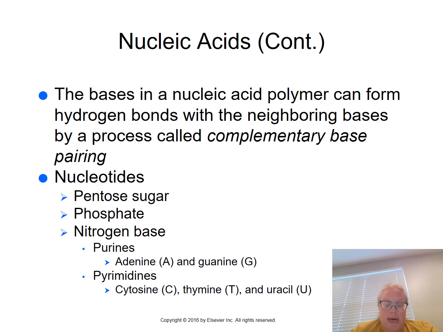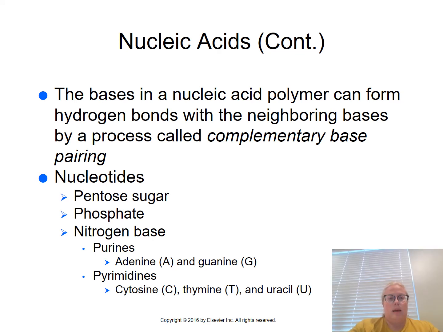You have purines with adenine and guanine that have a distinctive 2-ring structure, and then you have pyrimidines with cytosine, thymine, and uracil with a single ring structure.